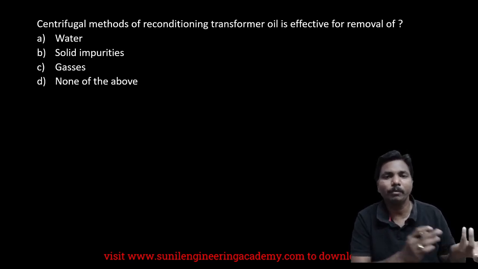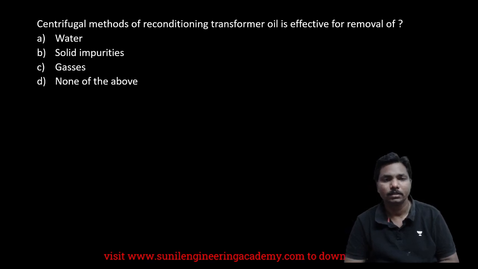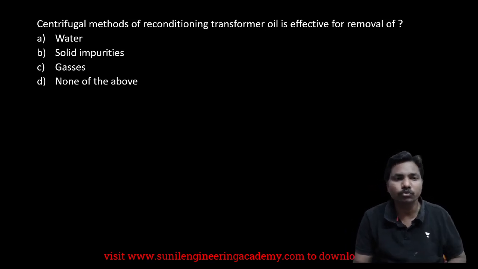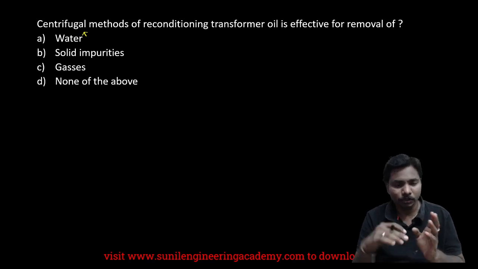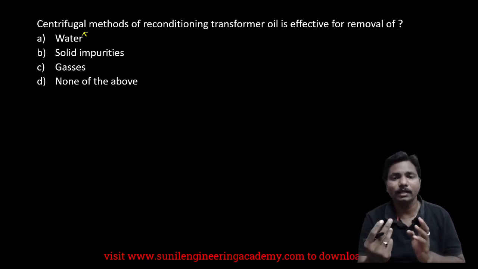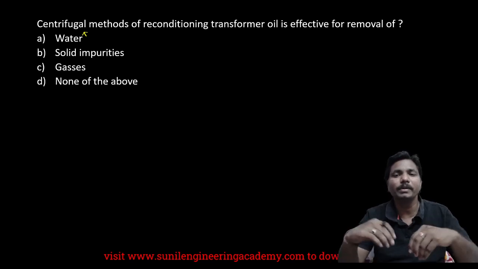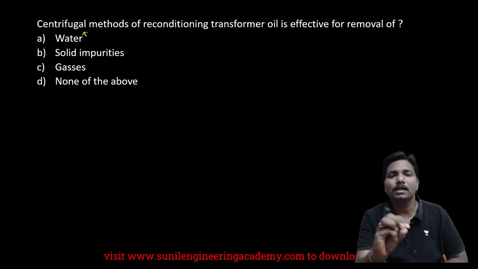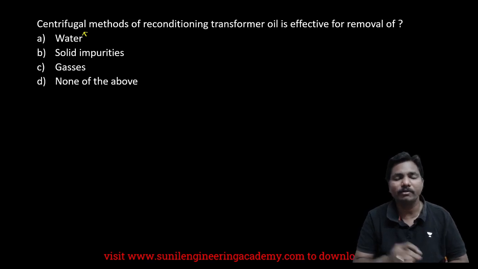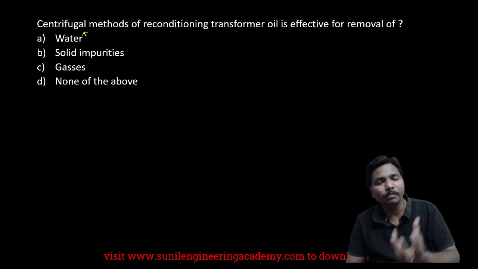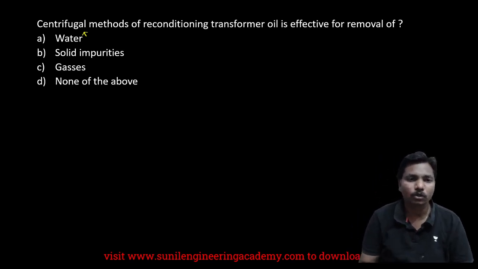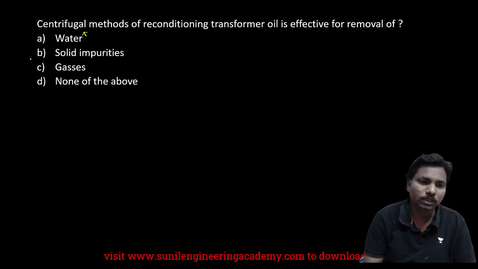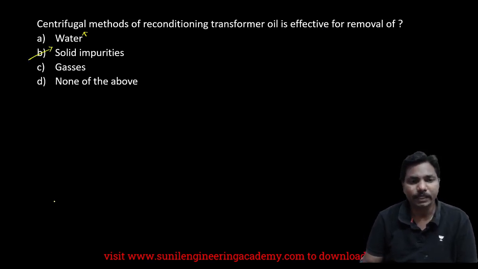But if the budget is not in our hands, we can also use one more method, the centrifugal method. Due to this centrifugal method, all the solid particles, that is, all the carbon particles, will be separated. Whenever the solid particles are separated, the oil will again be clean and clear. So it removes the solid impurities.